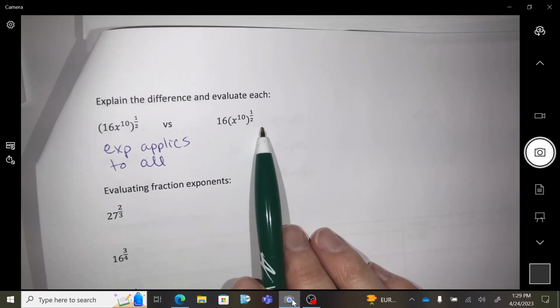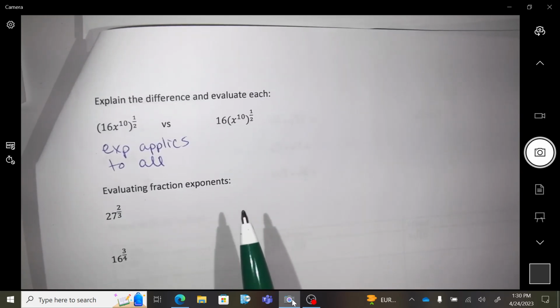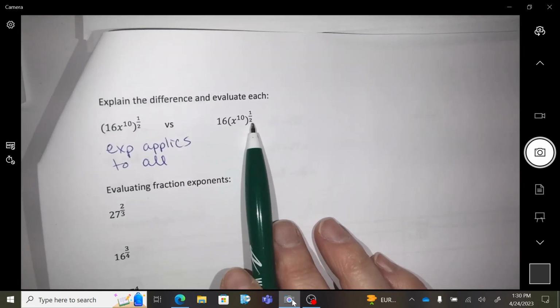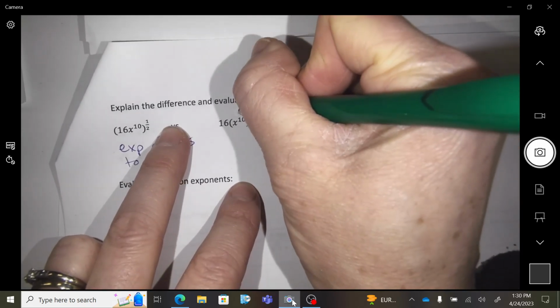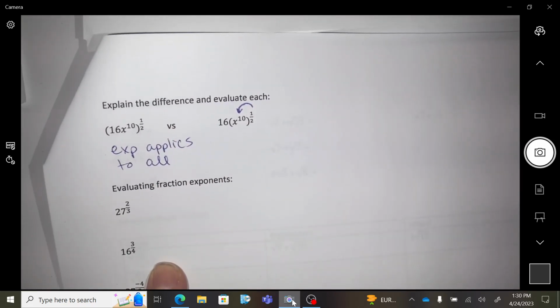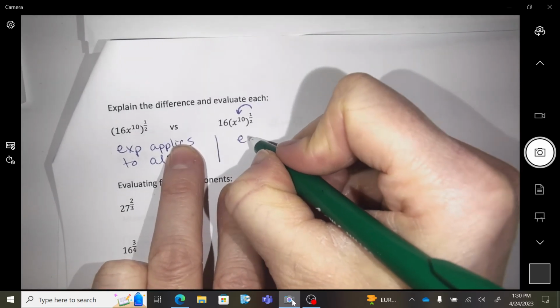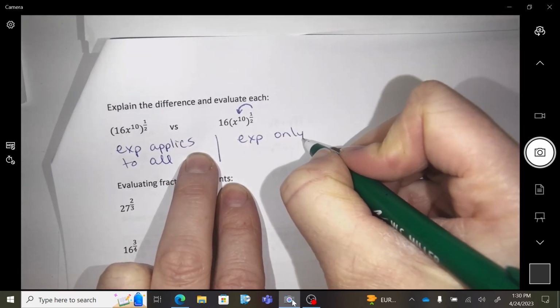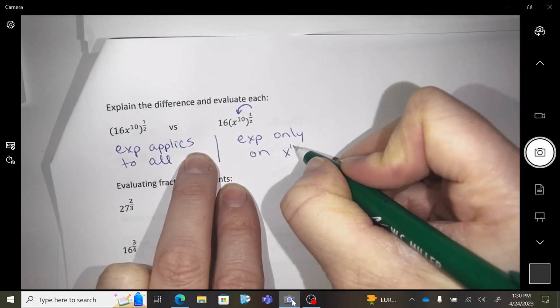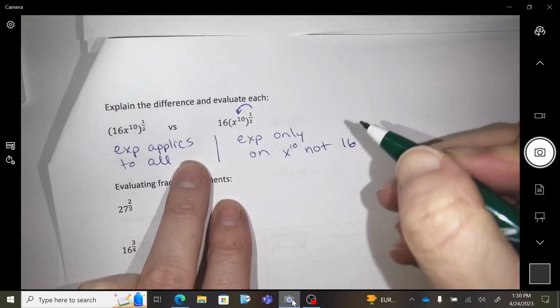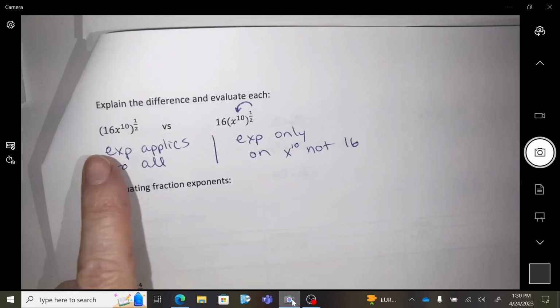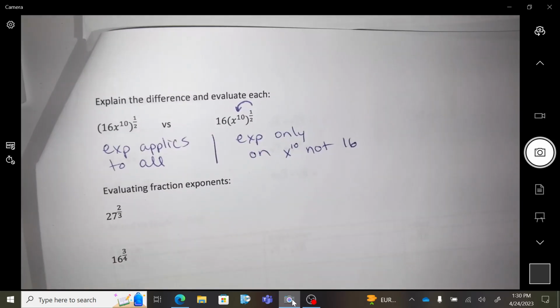So what's the difference in this one? The exponent is only on that. It doesn't apply to the 16. So this one and this one are going to have different answers.